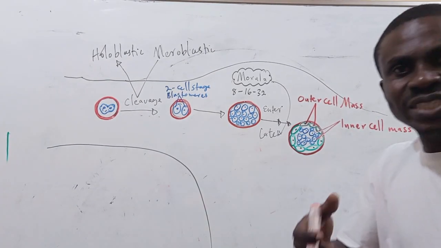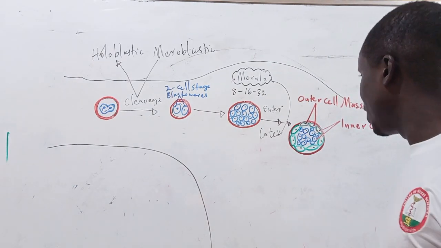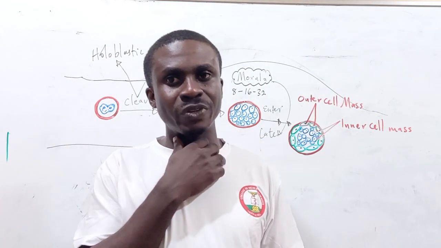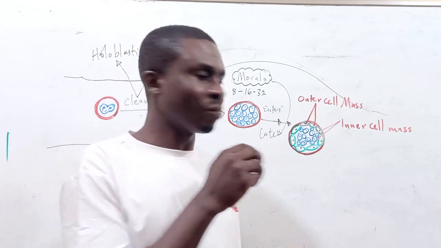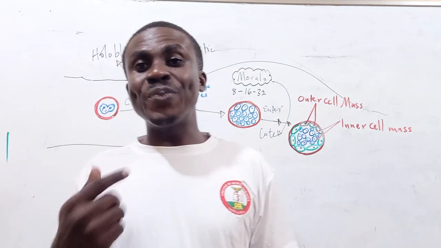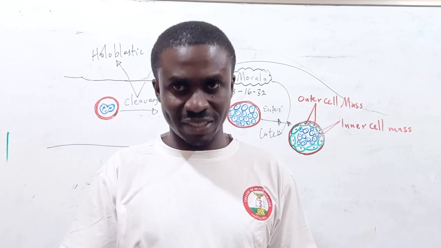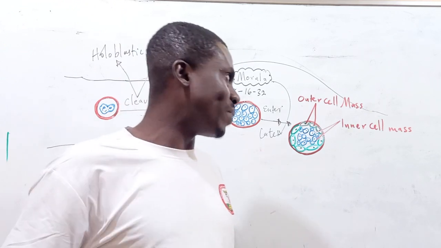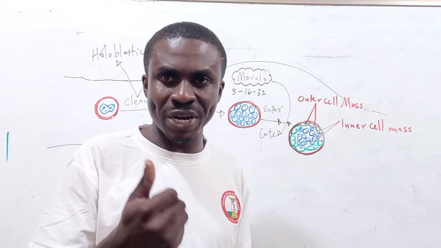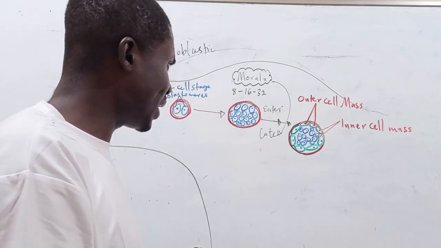So we have outer cell mass and inner cell mass. Something we got to know about this, and we will see it pretty soon, is that the inner cell mass is the one that is going to be the embryo proper, the future embryoblast. The outer cell mass will form trophectoderm. We are going to see that trophectoderm and all that.